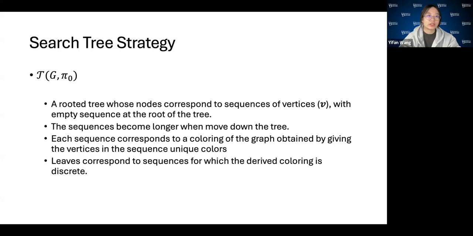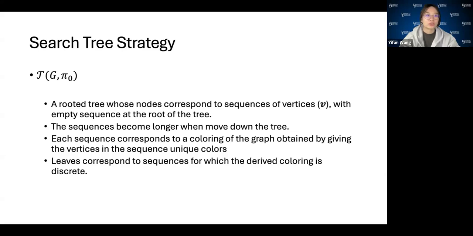So the challenge lies in finding this unique labeling, and that lies in finding such a unique representation and labeling, and that's where we need the search tree. The search tree is a structured way to explore all possible labelings of a graph.